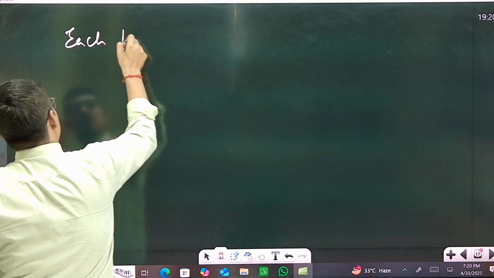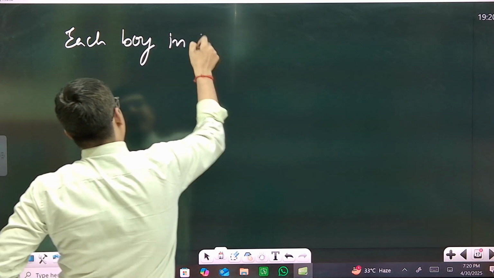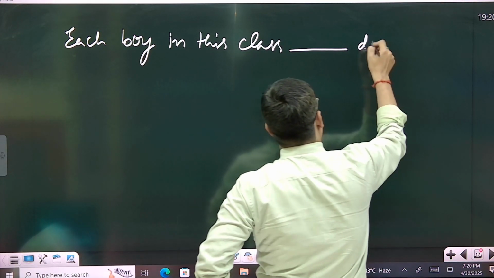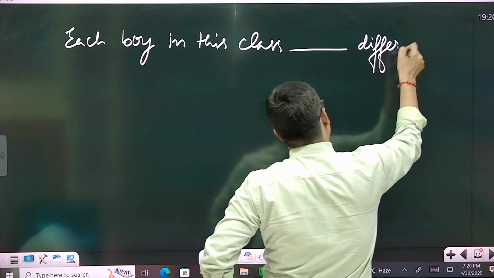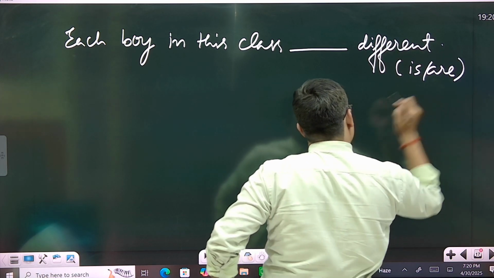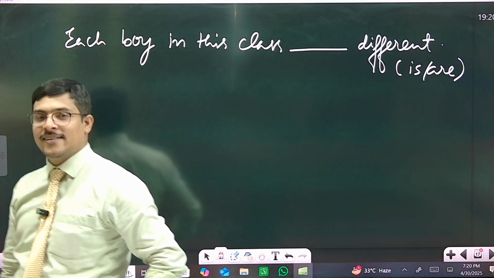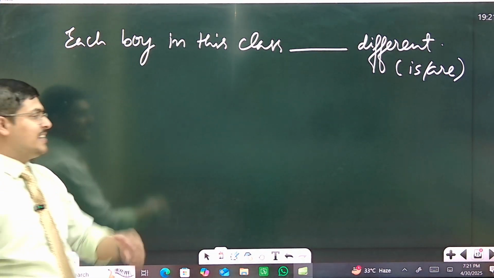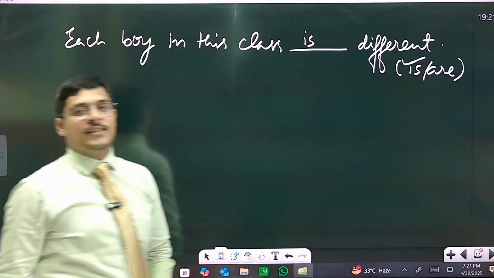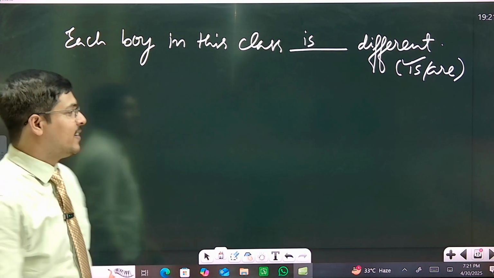Each boy in this class blank different. What shall we write? Is or are? Answer is naturally is. Each boy in this class is different.